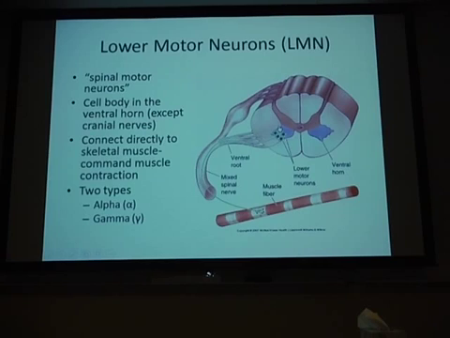That is a lower motor neuron. But we're going to mainly talk about spinal movements today, so we're talking about lower motor neurons whose cell bodies are in the ventral horn, whose axons form the ventral roots, and continue to travel down and synapse on muscle fibers. So lower motor neurons synapse directly on muscle fibers, and there are two types, alpha and gamma motor neurons, and we'll distinguish between the two as we go through the lecture.